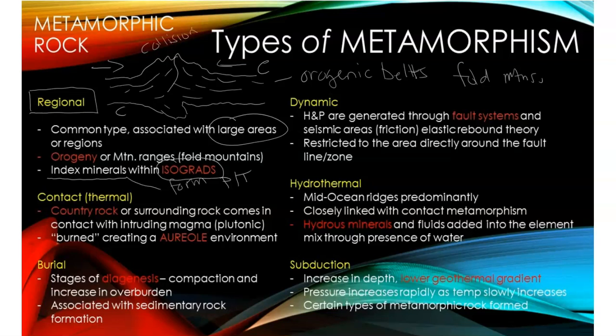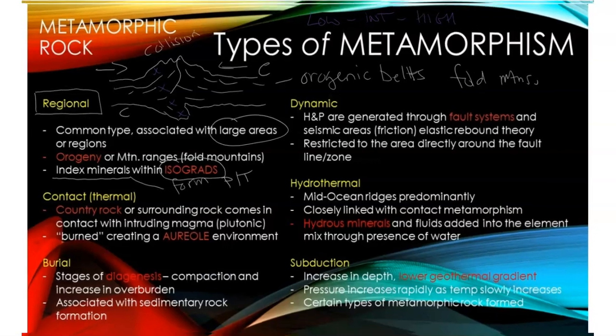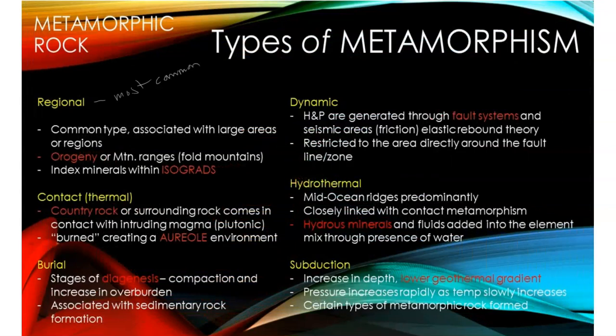And with that index mineral, you can say that in certain areas of that orogeny belt, based on the depth and the pressures that are introduced to that protolith rock to change it into the metamorphosed rock, the end product, you're going to have different grades, and the grades go from low to intermediate to high, and you can get all these different types with regional metamorphism. Now, regional is probably the most common by amount.